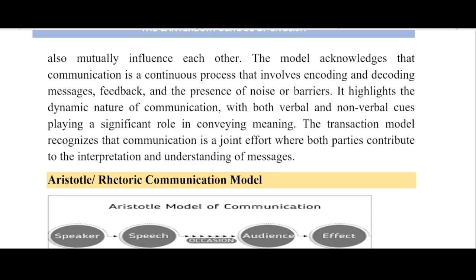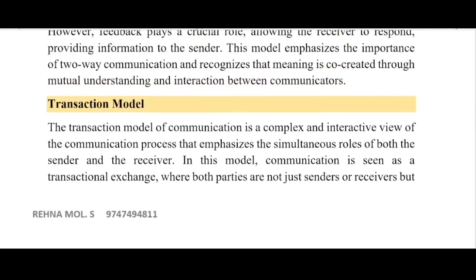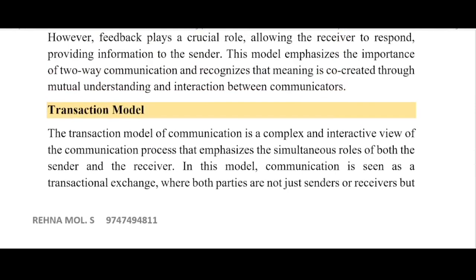In order to understand what we mean by the transaction model, just think about a group discussion. In a group discussion, all the participants have due importance. None of them is dominant. None of them is submissive. So for a successful group discussion, all the participants have to interact simultaneously and in an equal way.